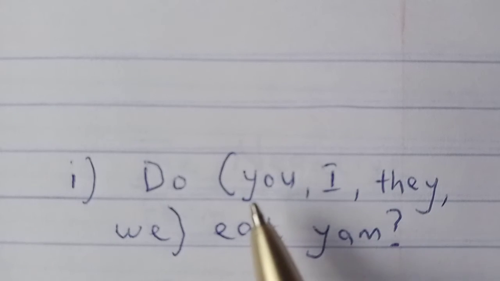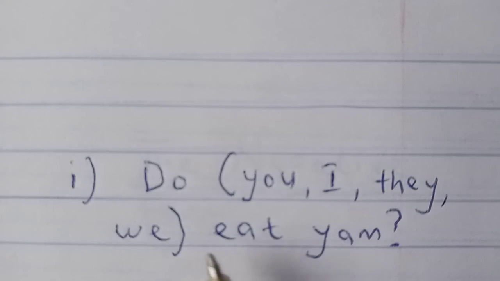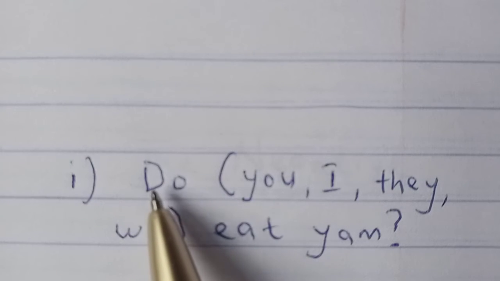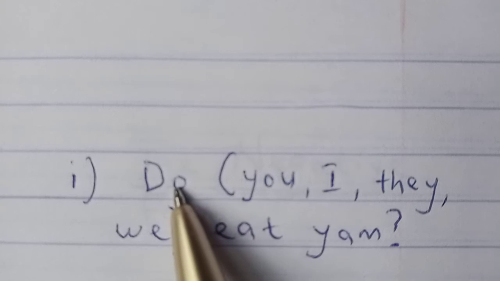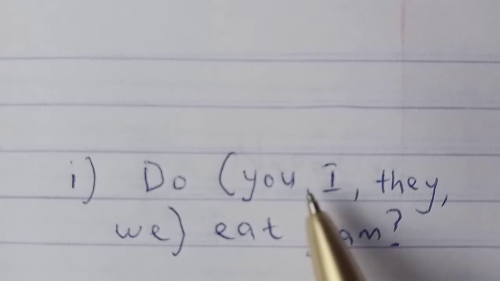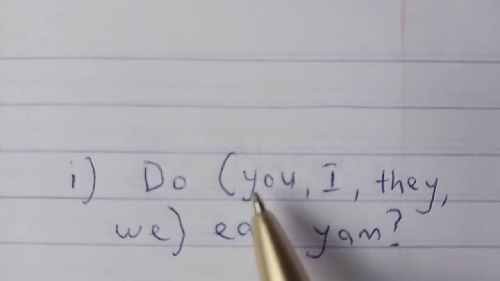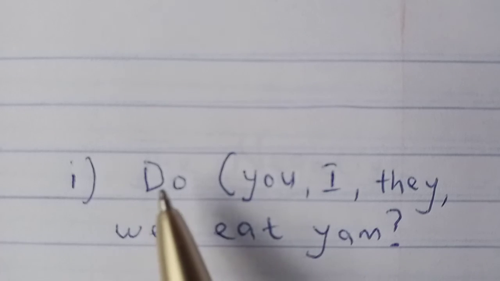Okay, so when the subject is plural, like they, like we, it can take do as the auxiliary verb, except you and I. These are the only two exceptions that although they might be singular, they still take the verb do.